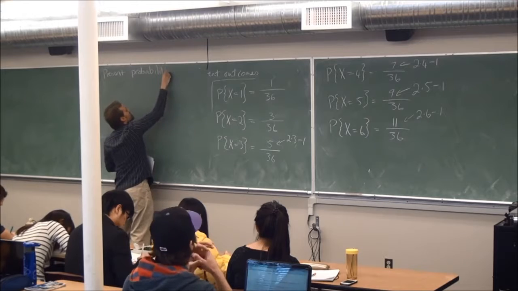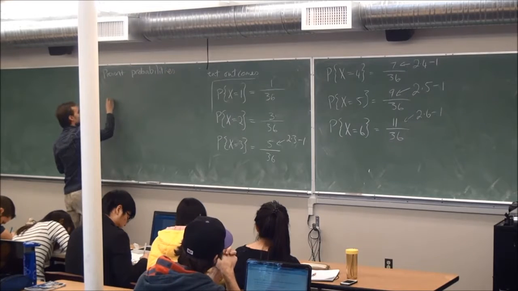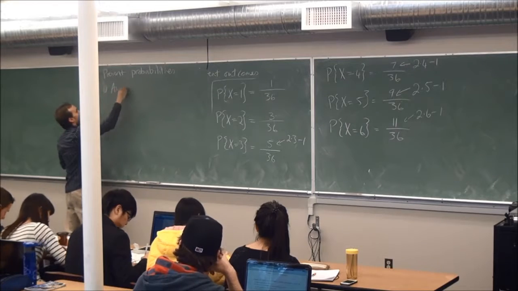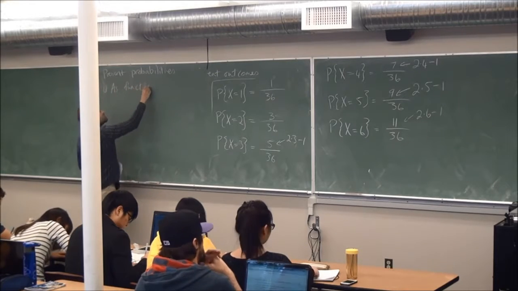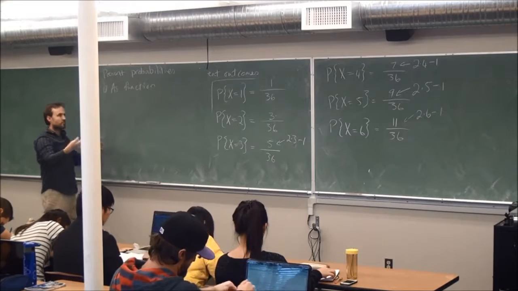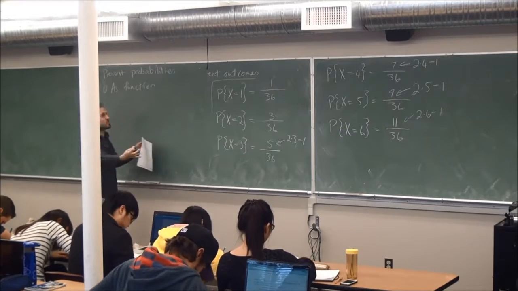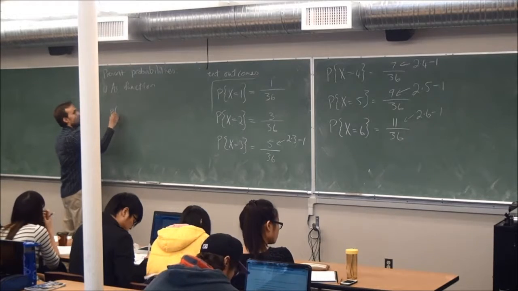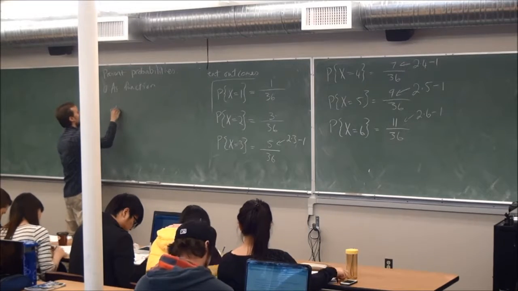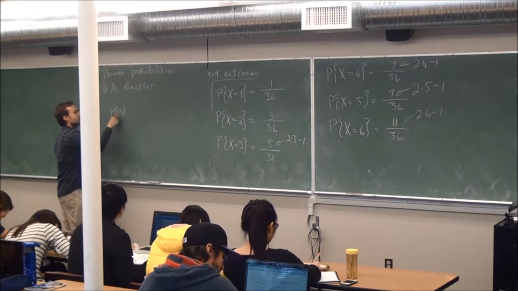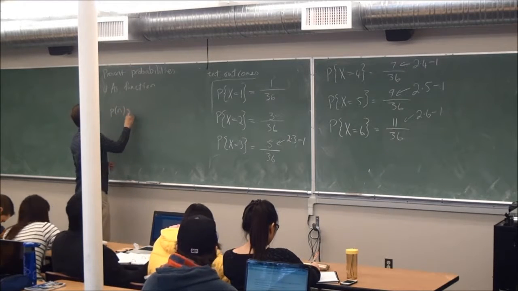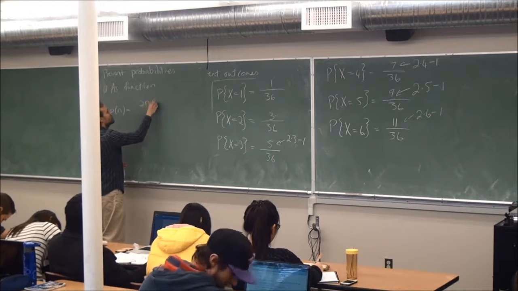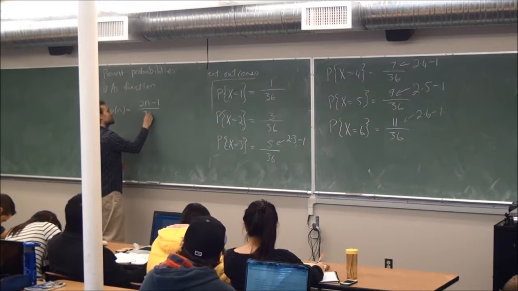I can do it as a function, meaning a formula that will merge all of these. My function is, I'll call it little p of n, I don't really care. Different values that I can put in here. What is my function? It looks like it's 2 times n minus 1 over 36.